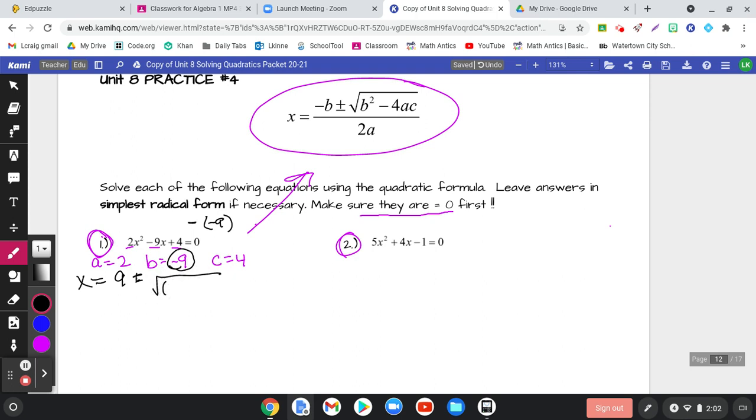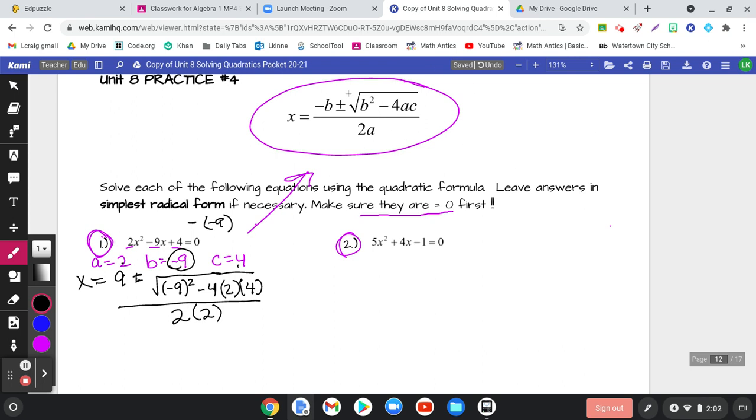Now, it's a negative, so make sure you put it in parentheses. Minus 4 times a, which is 2, times c, which is 4. And then the whole thing goes over 2 times a, which would be 2 times 2.